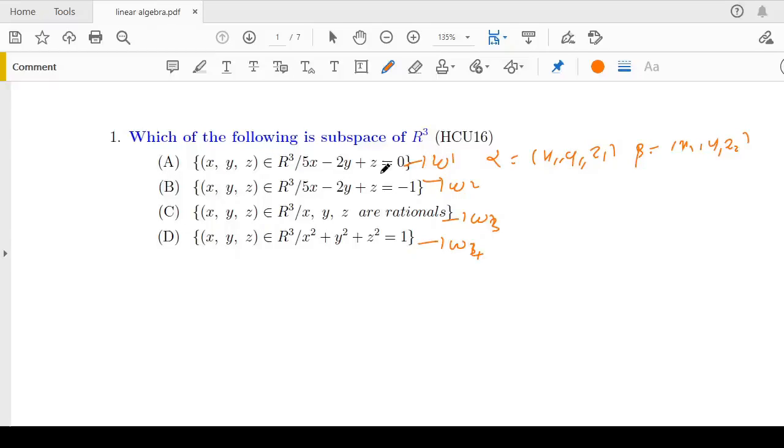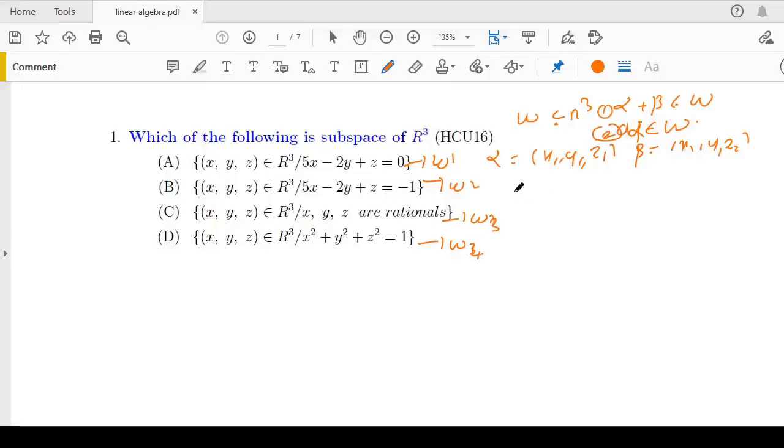We know that if W is a subspace of R cube, then W is closed under vector addition, so alpha plus beta also belongs to W, and W is also closed under scalar multiplication, so for any scalar a belonging to R, a times alpha also belongs to W. If W satisfies these two properties, then W is said to be a subspace of R cube.